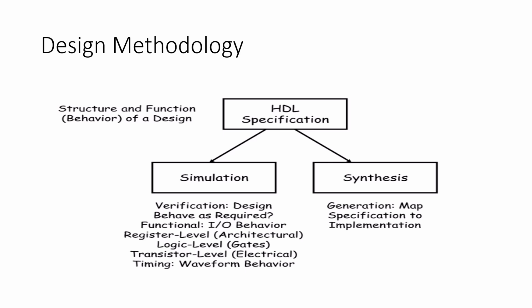After synthesis, we implement it on FPGA or ASIC hardware, that is, the synthesized design is implemented on hardware. These are the design steps, or design methodology, that we follow in Verilog.